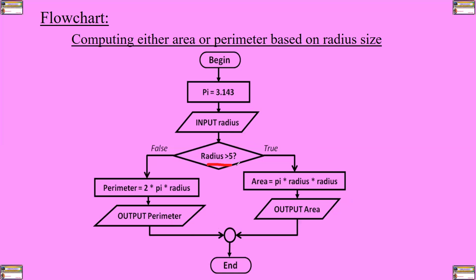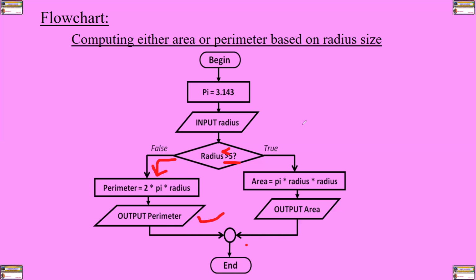If the value in memory location called radius is more than 5, then the area will be computed and displayed. Otherwise, if the value of radius is less than 5 or equal to 5, then the processor will compute the perimeter of the circle and display it on the screen and end.